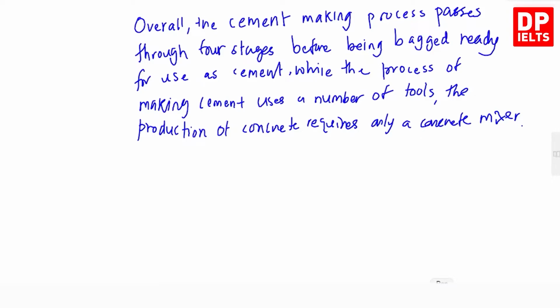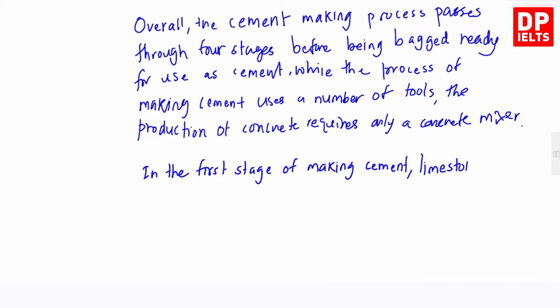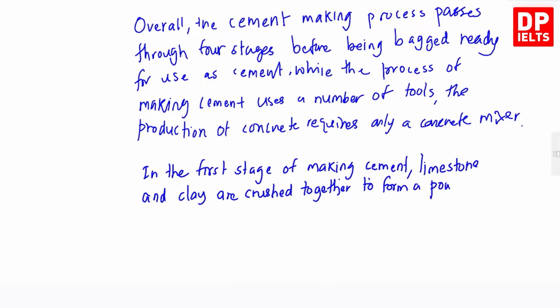Let's write down the first para. In the first stage of making cement, limestone and clay are crushed together to form a powder.